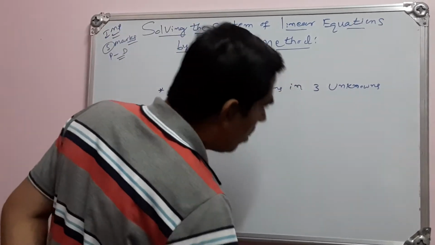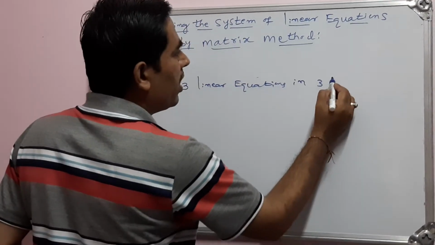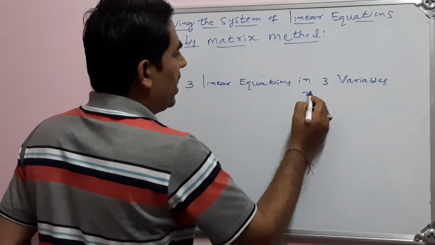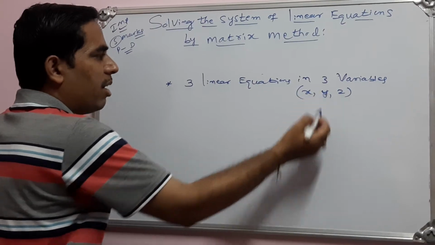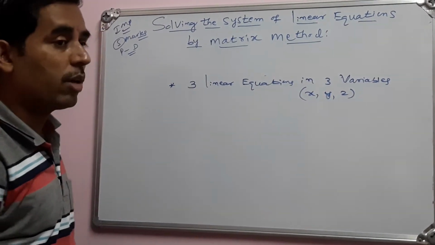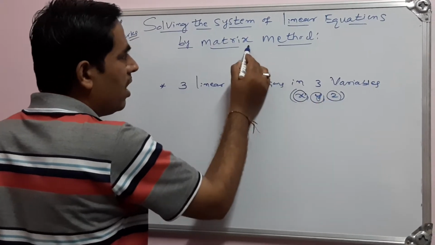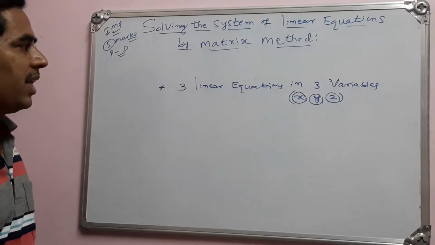So 3 variables are unknowns, and 3 linear equations will be given in 3 variables, like, say, x, y, z. There are 3 variables and 3 equations will be given. We have to find the values of x, y, and z by the concept of matrices and determinants. That is called matrix method.